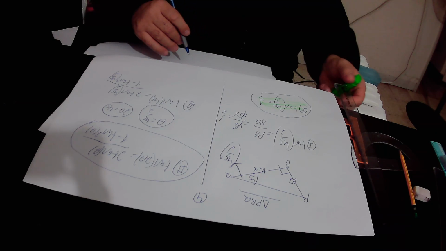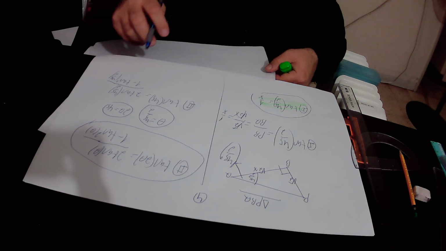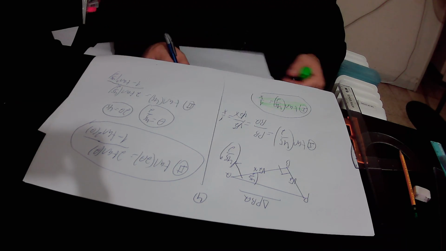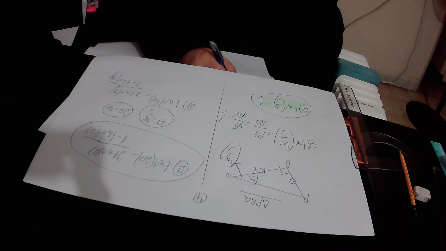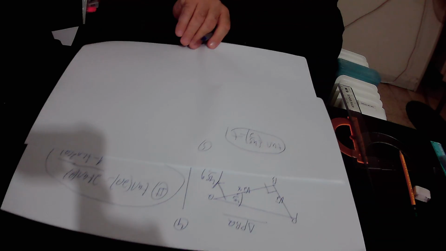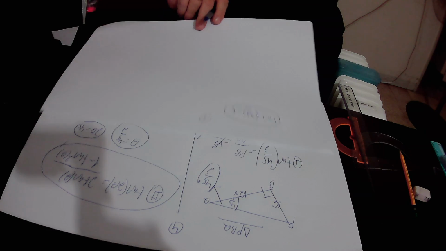So in the next step, we will define tangents 45 over 2 degrees as t. Tangents 45 over 2 equals t according to the definition. Repeat again: tangents 45 over 2 degrees equals t according to our definition.